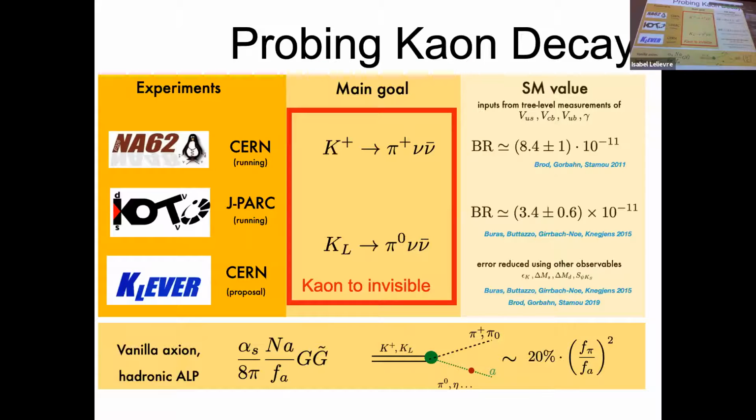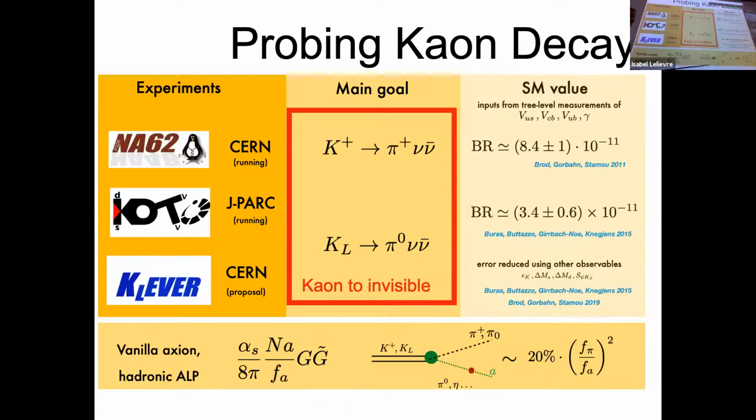The other thing you can do is look for dark objects decaying from mesons. Here's one that I think a lot of people like: kaon decays, decaying to a pion or a pi naught, and then radiating off a dark axion, an ALP.